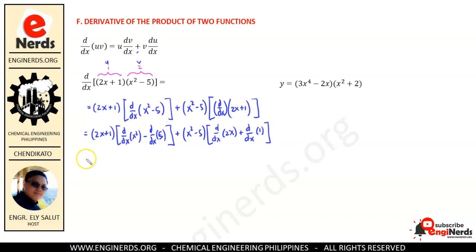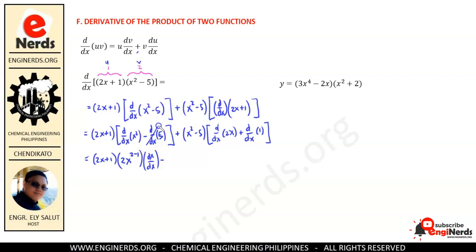Okay, so what will we have here? 2x plus 1 times what's the derivative of x squared? We will take down the exponent, copy the base of the exponent, then subtract the exponent by 1, then take the derivative of the base of the exponent. So we have dx over dx minus, we have here the derivative of 5, which is a constant.